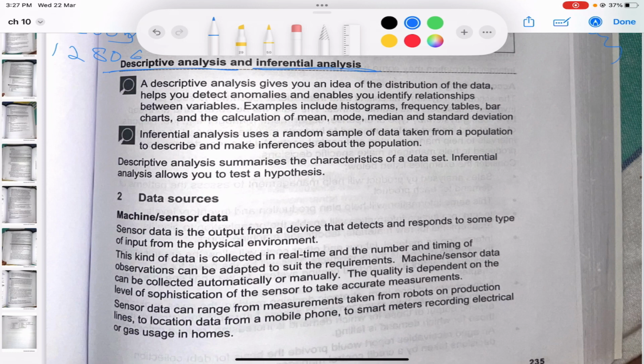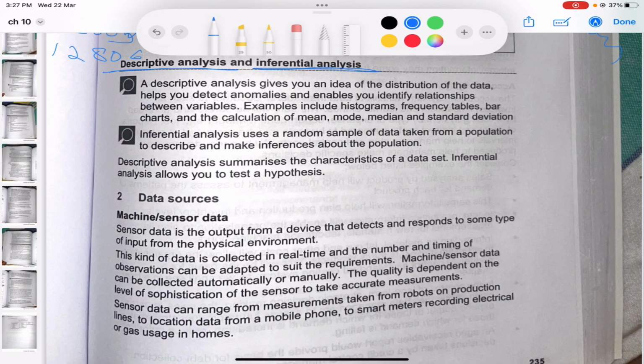In such situations, where you want to test a product or a hypothesis, you use inferential analysis. Why? Because it will give you the hypothesis testing and the actual response to your product.